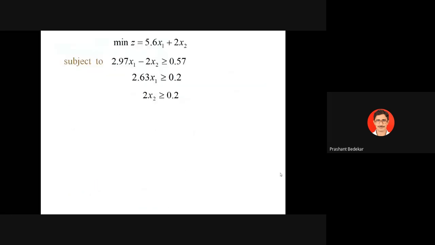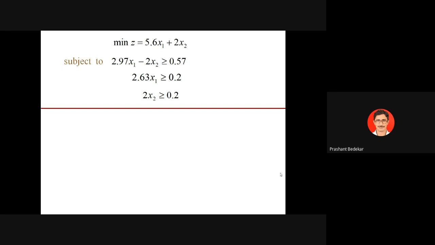The only thing is that I will have to take care of what I have said. The objective function should be of minimization type. Yes, it is already there. No problem. Then the inequality constraints should be of less than or equal to type.